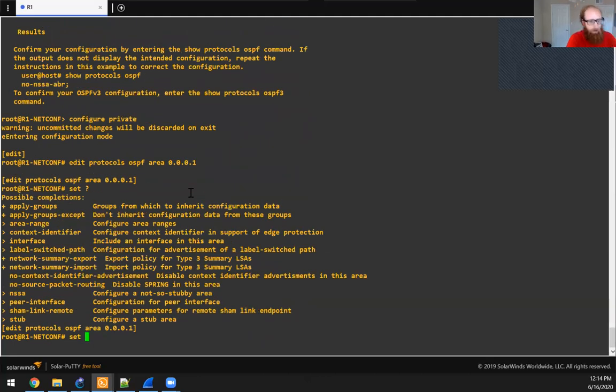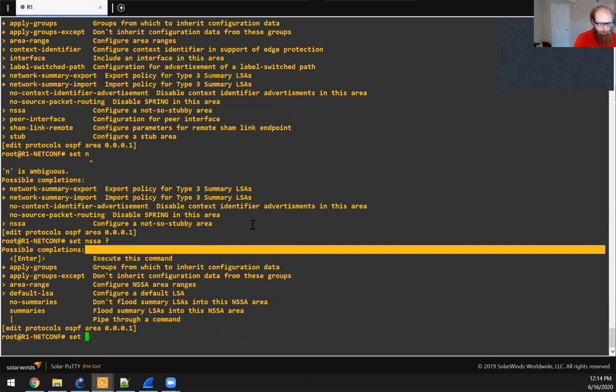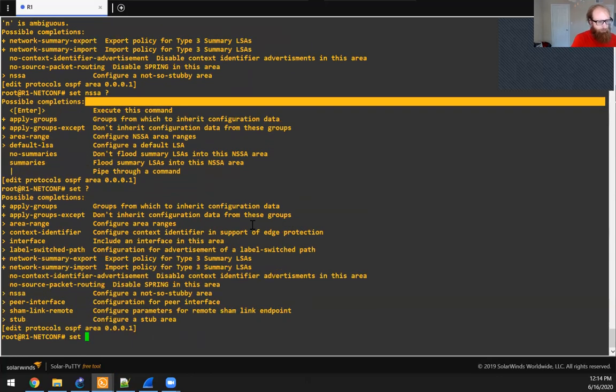Okay, so we've got not so stubby areas. We've got stub areas. But you can see we've also got the option for either summaries or no summaries. So, yep, there's 4 of them. I believe I was right.